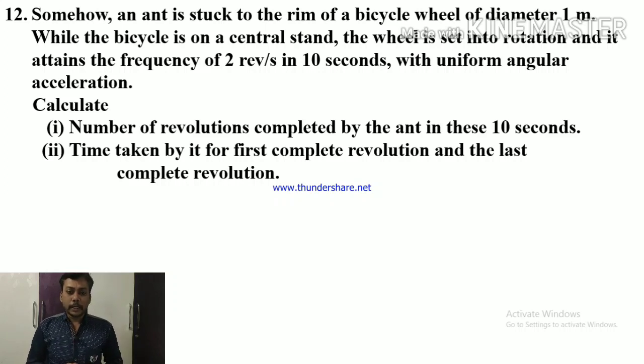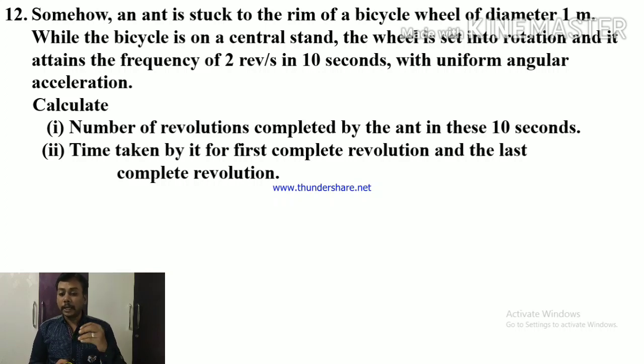So here one example is given. An ant is stuck to the rim of a bicycle wheel of diameter 1 meter. The ant is stuck to the wheel, and the bicycle is on a central stand, meaning the bicycle is raised but the wheel is moving. The wheel is set into rotation and attains the frequency of 2 revolutions per second in 10 seconds.